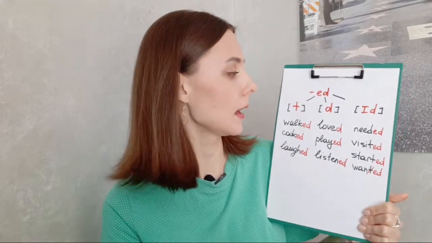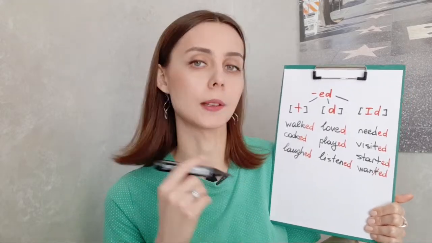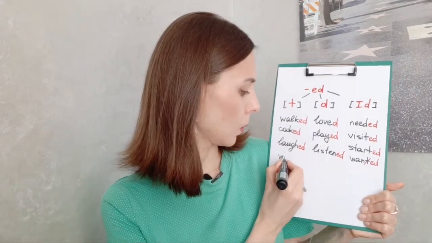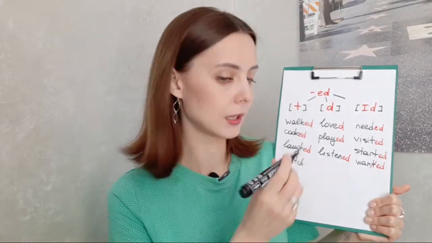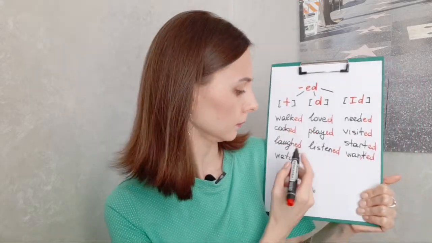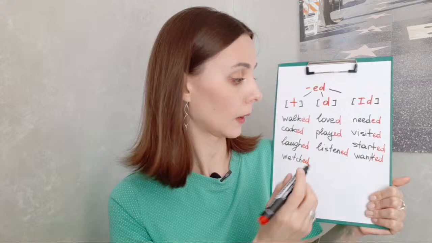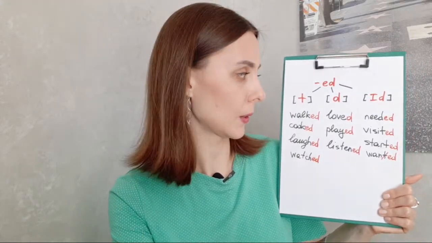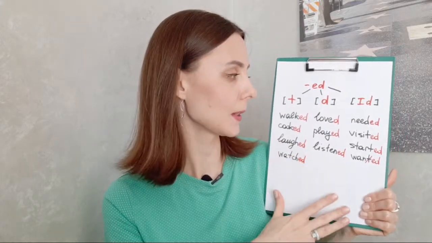That is why ed will be pronounced as an unvoiced sound, which is t. Watched. Watched. All right, guys, so I hope that you did well and you understood the differences.